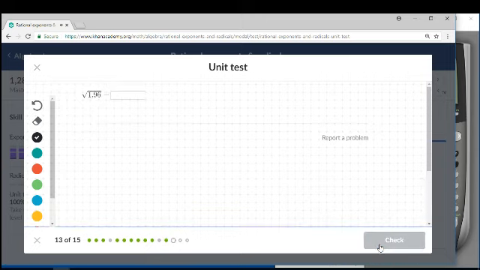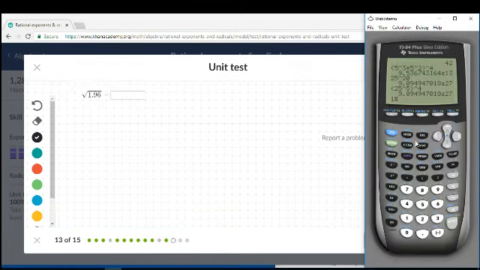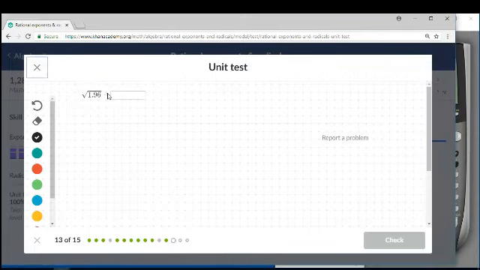I will demonstrate square root of 1.96. So I will make sure that, oh, 1.4.